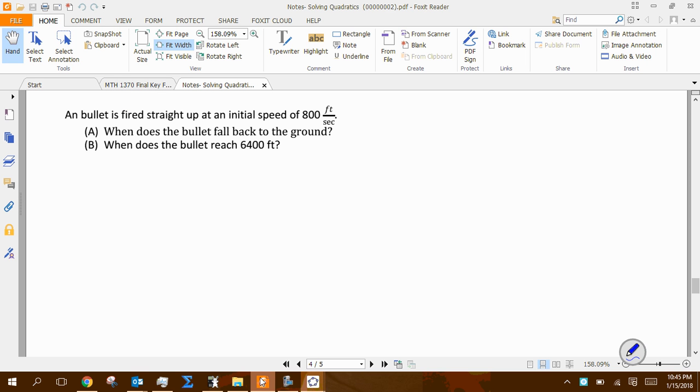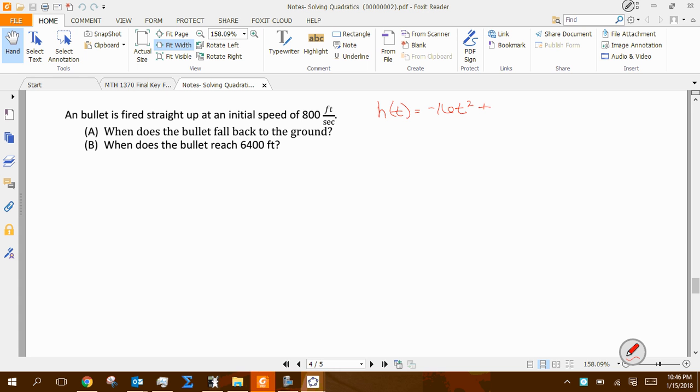All right, so every time you get a situation like this, it's called a position function, and we call it h for height at some time. It's going to be negative 16 t squared. That's always going to be the a term in your quadratic equation.